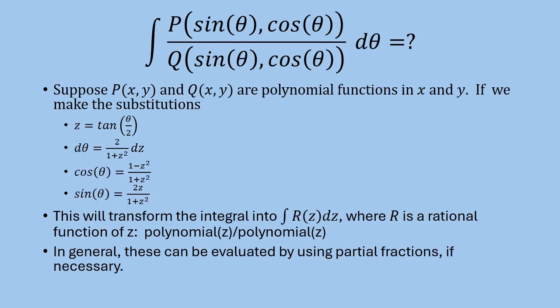So how did we evaluate the integral of 1 over 2 plus cosine theta d theta? We made a trig substitution, z equals tangent of theta over 2. From that, we were able to show that d theta was 2 over 1 plus z squared times dz, cosine of theta was 1 minus z squared divided by 1 plus z squared, and sine of theta turned out to be 2z divided by 1 plus z squared.